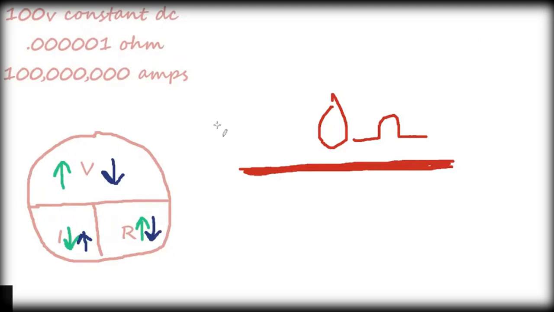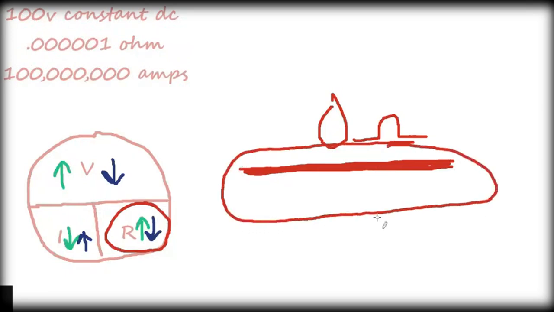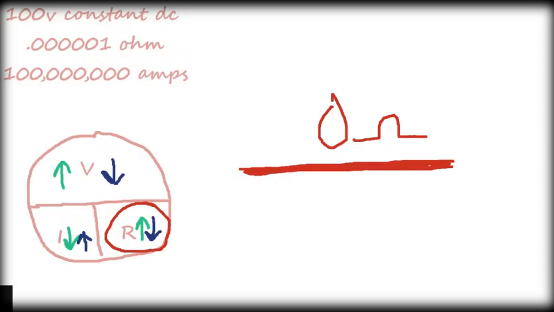So Ohm's Law does not apply to a superconductor. It applies to things with resistance, because one of the variables in this formula is resistance, and a superconductor technically doesn't have that. So that's just a quick rant on Ohm's Law and superconductors.